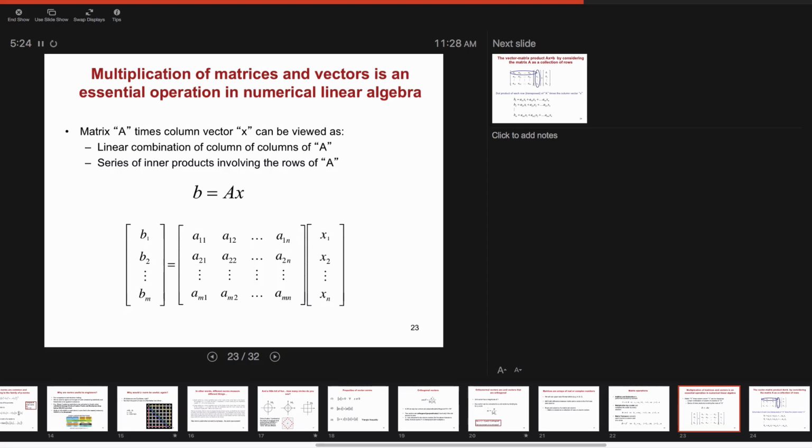Okay? So my B1 will be the first row of A dot product X. So it's A11 times X1 plus A12 times X2, and all the way to A1n times Xn. My mth element of B will be the mth row of A: Am1 times X1, Am2 times X2, all the way to Amn times Xn. Okay.